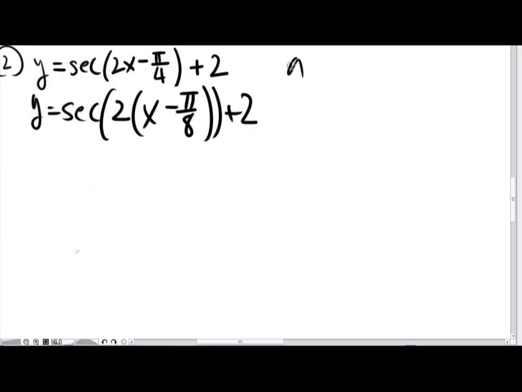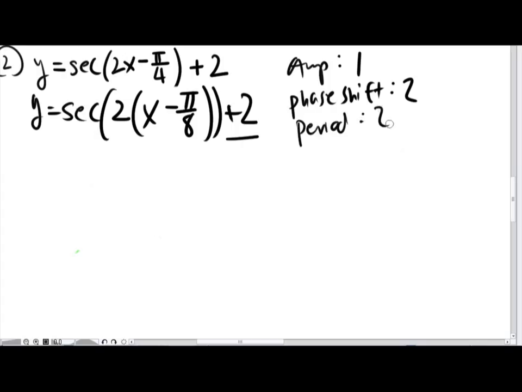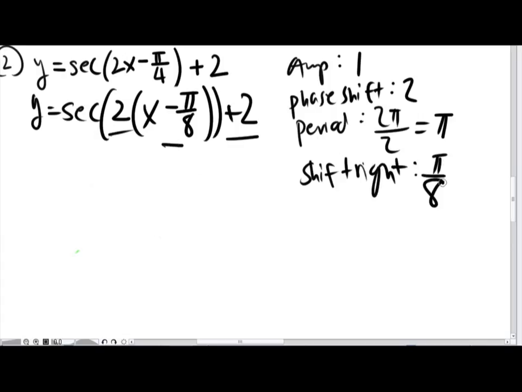Okay, so our amplitude is just 1, and we have a phase shift of 2 units up, and our period is 2 pi over 2, so that's just pi. Then we have a shift to the right, this is minus, of pi over 8 units.